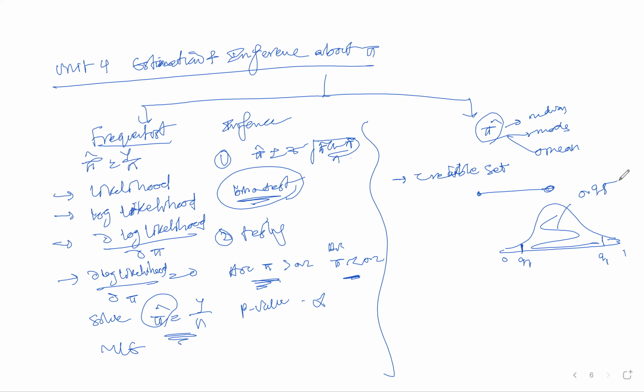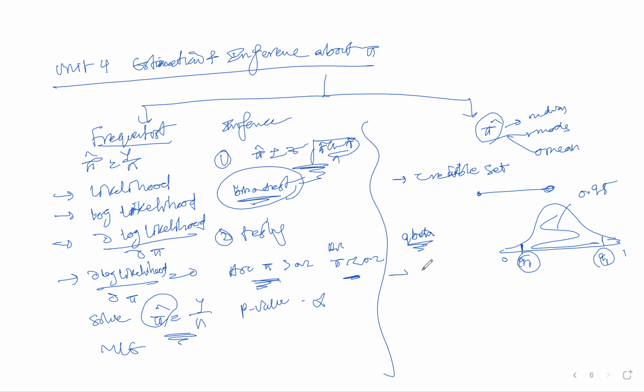I cannot do it by hand, so you have to use a function in R. The function is called qbeta. The qbeta function will give me the lower limit and upper limit of the credible set. And I can say with probability 0.95, the population proportion is between these two values. This is how I get the credible set, but in the frequentist approach, you use a formula.